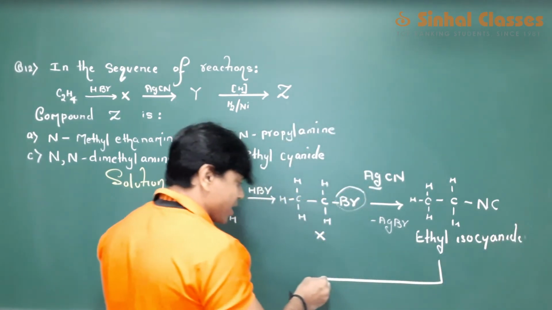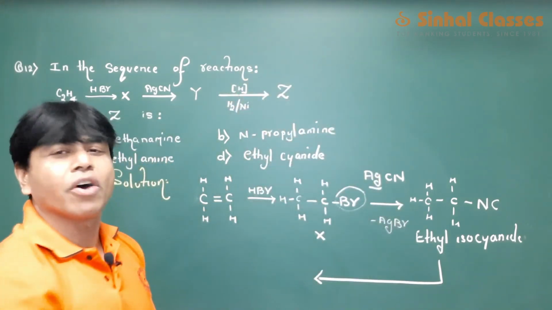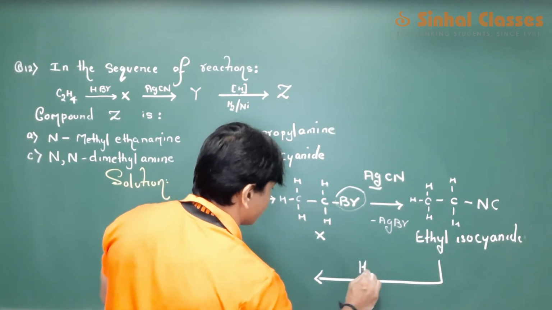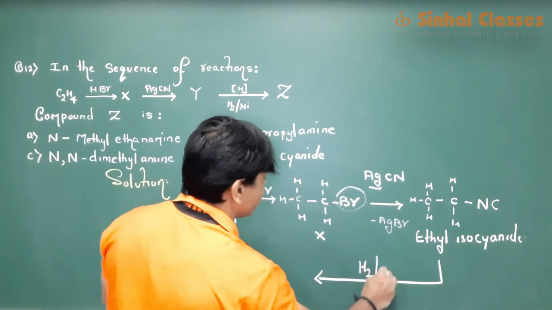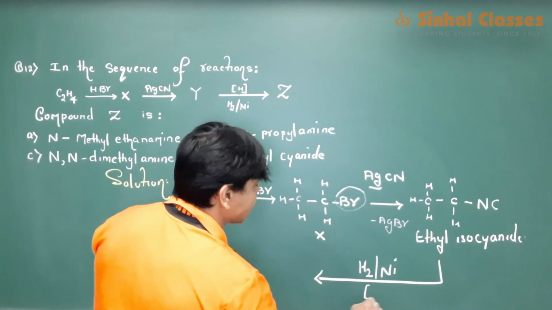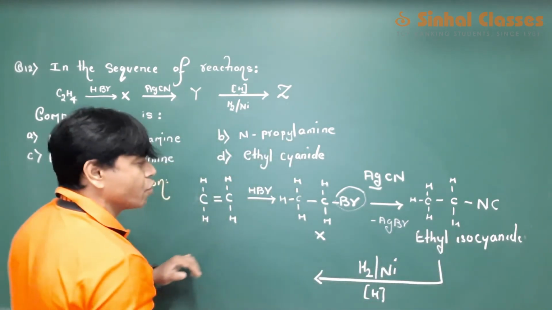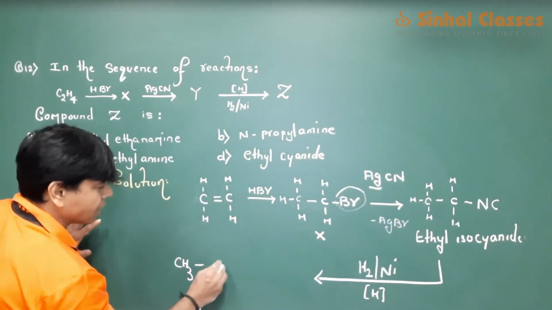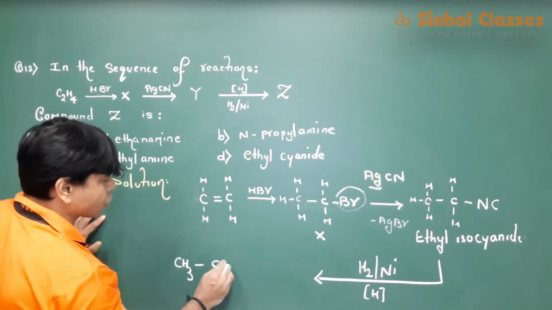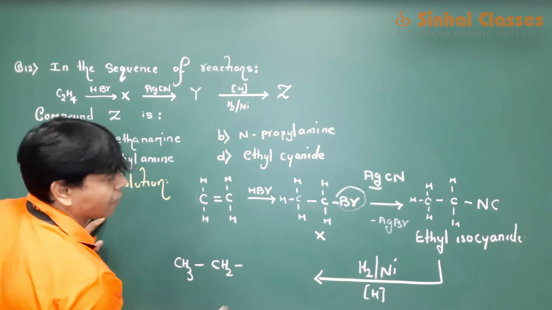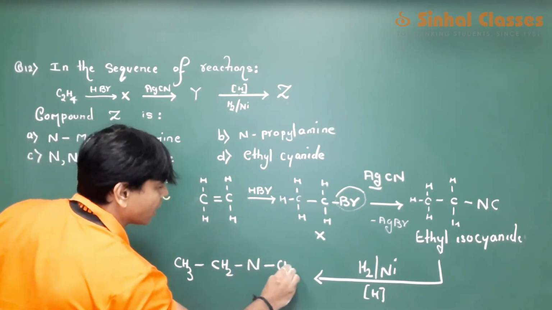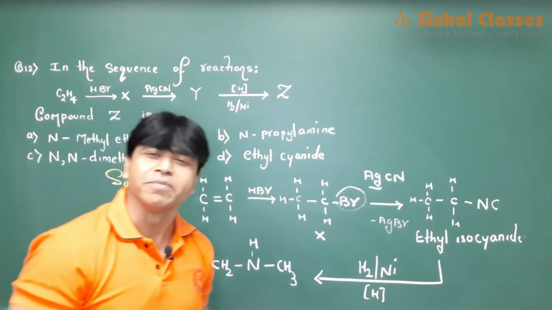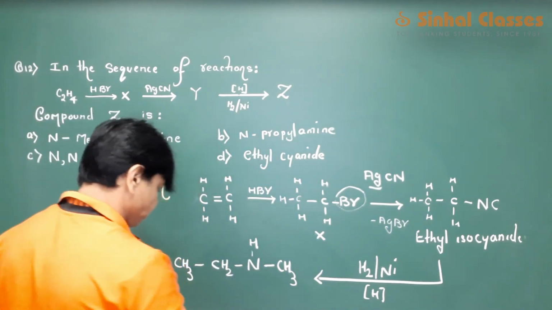Now you do reduction of ethyl isocyanide, with hydrogen and nickel. When you do reduction, you will get CH3CH2NHCH3, a secondary amine. Now how do you name this?